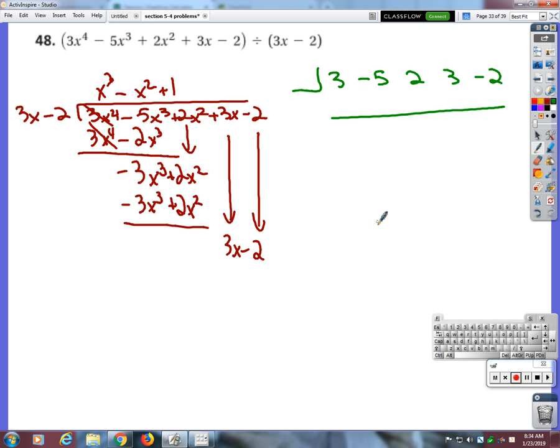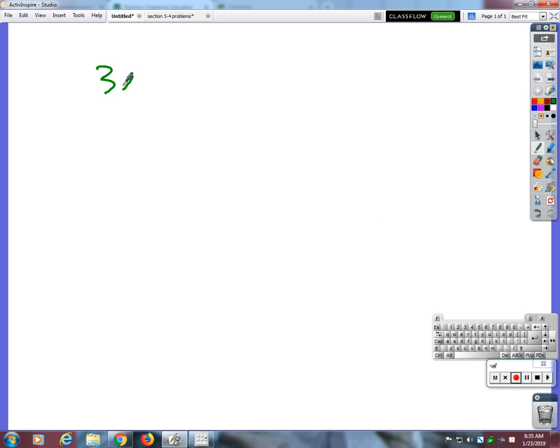I was talking to my wife about this just last week, how if you guys walked into the room and I said, okay, we're going to do as a little warm-up, 3x minus 2 equals 0, solve for x, you'd be like, oh, easiest thing ever, right? First year algebra, add 2, divide by 3, x equals 2/3.